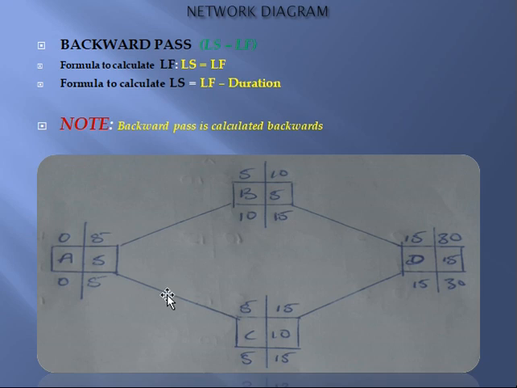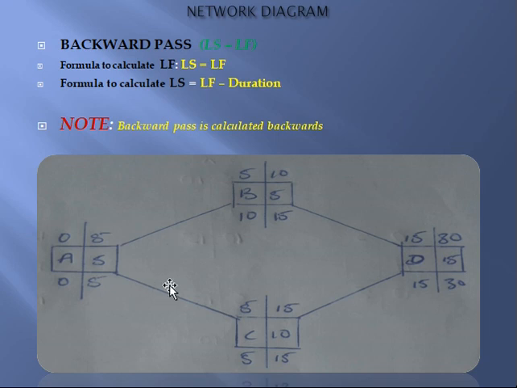From the diagram, activity C and B are dependent on activity A. You understand? Now to get the late start and the late finish for activity A, all you simply have to do is take the lowest between the two. Remember, B is dependent on A, C is dependent on A as well.